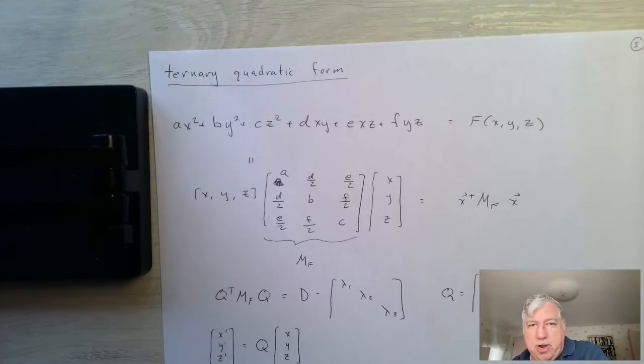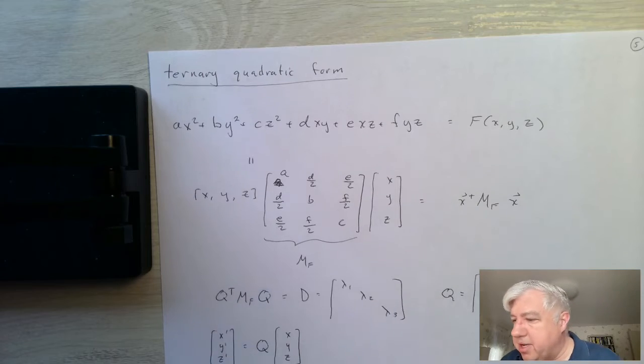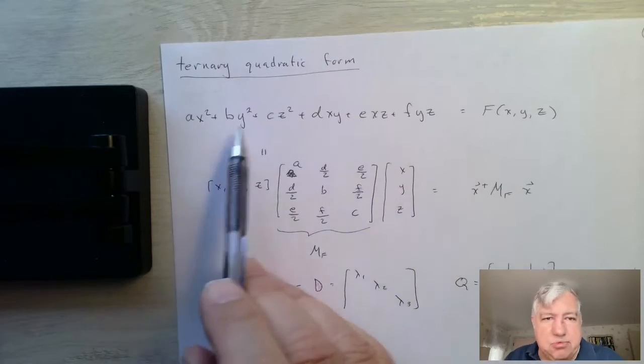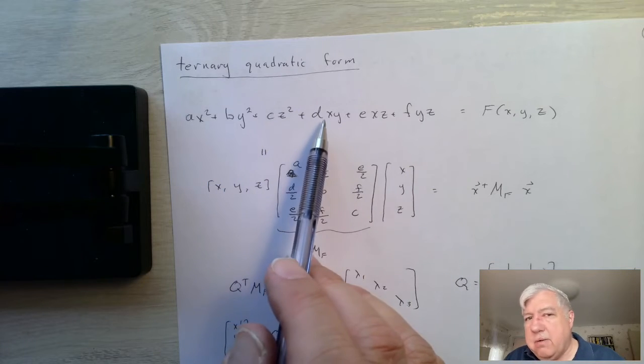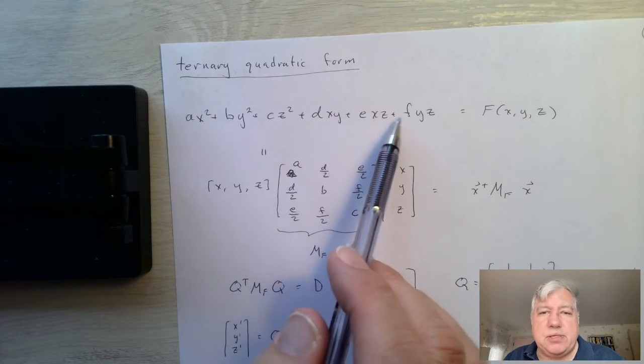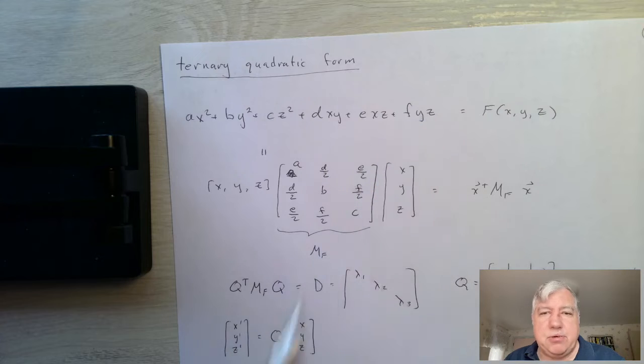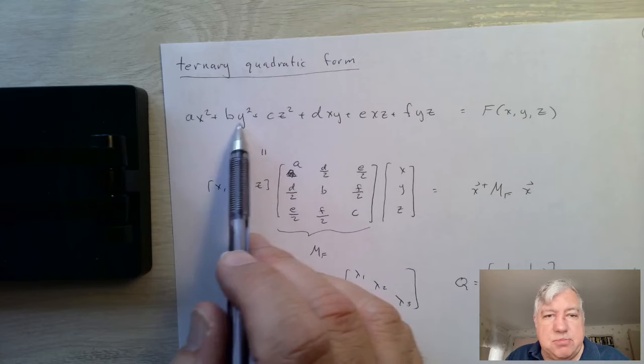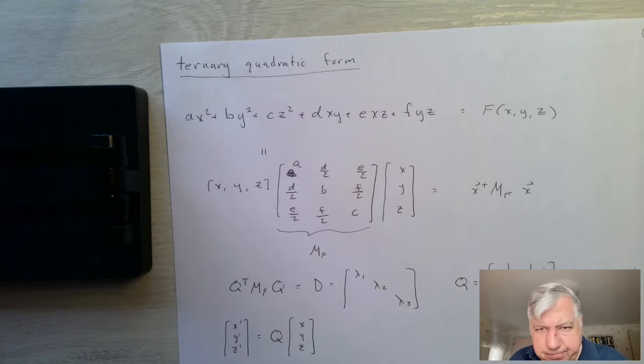So a ternary quadratic form is a polynomial in 3 variables like this, where we have an x squared, y squared, z squared term, as well as an xy, xz, and yz term. There is no xyz term, and there's no x term, no y term, no z term. So we're just focusing on the terms of degree 2 here.